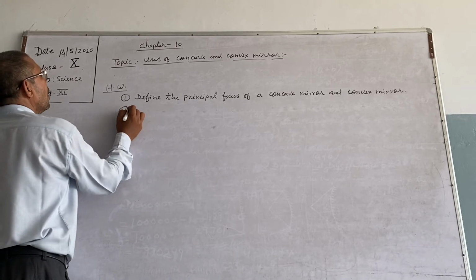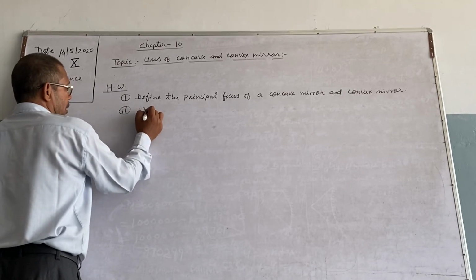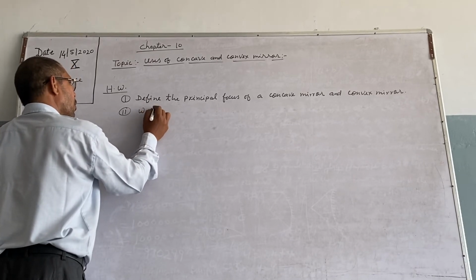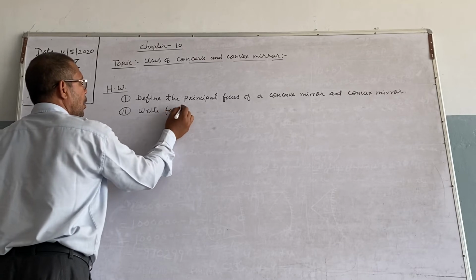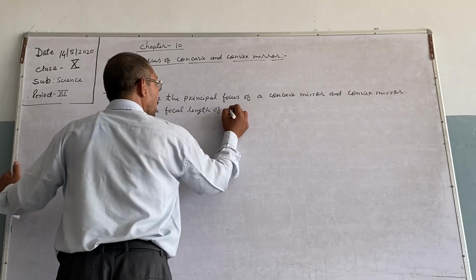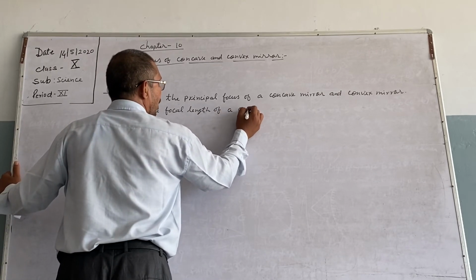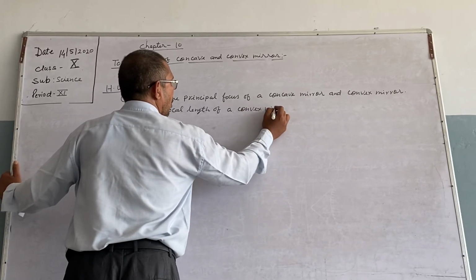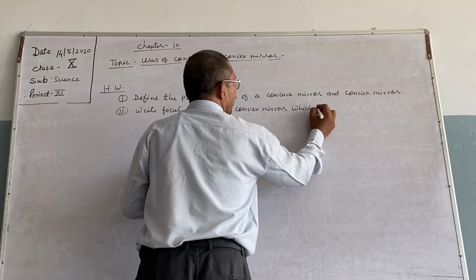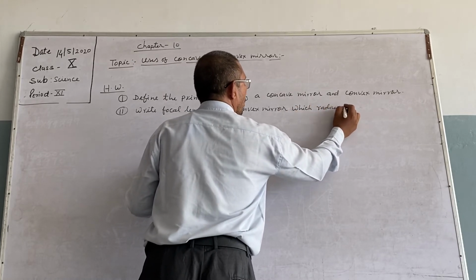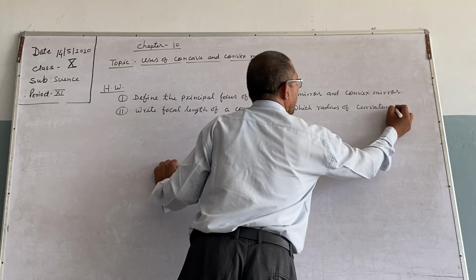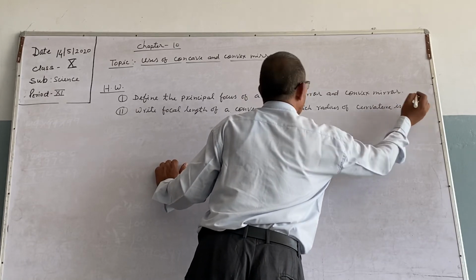Second question. Write the focal length of a convex mirror whose radius of curvature is 30 centimeter.